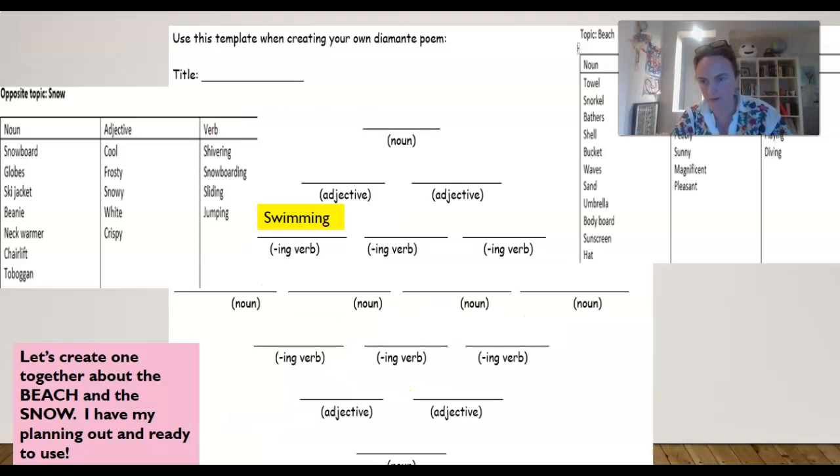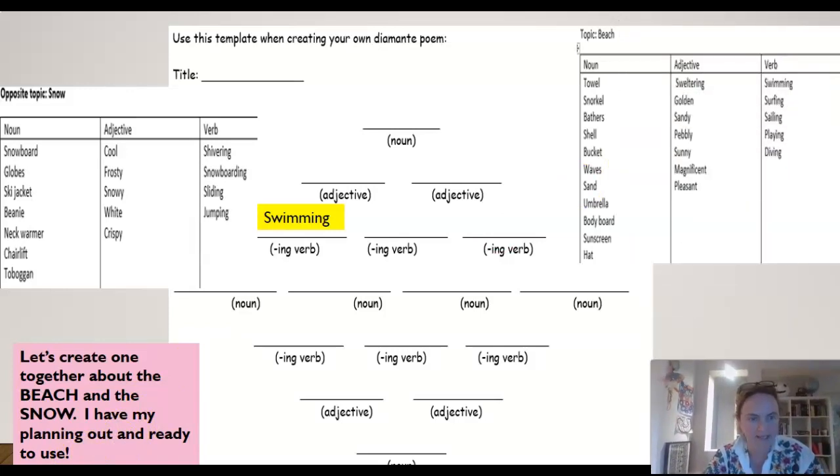So now I've got here my planning, well, our planning that we did together yesterday. So let's create one together about the beach and the snow. So swimming's popped up here. It wasn't meant to be there yet.